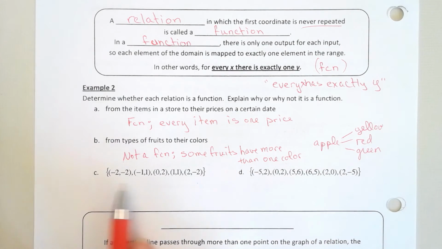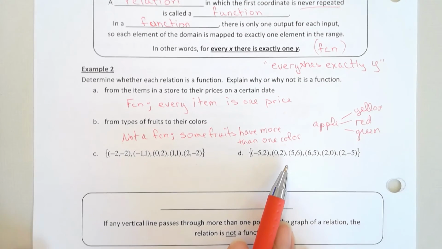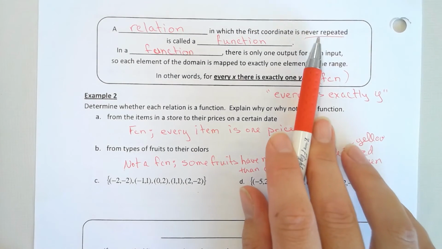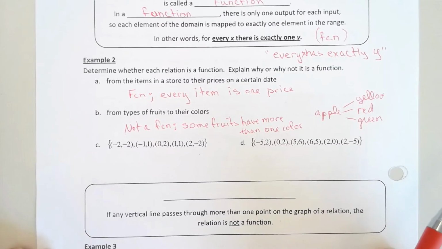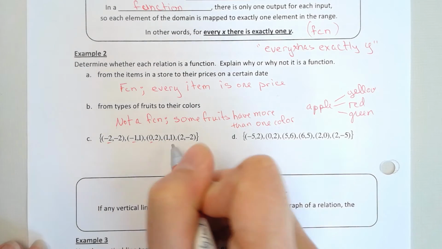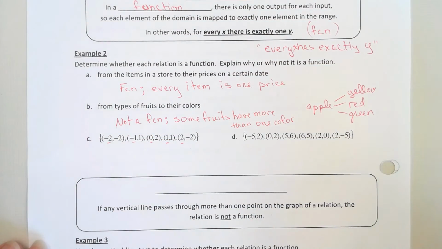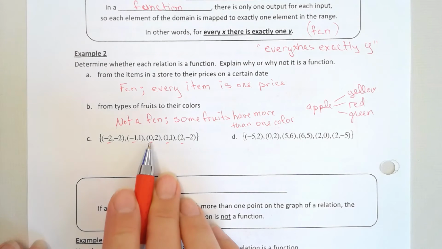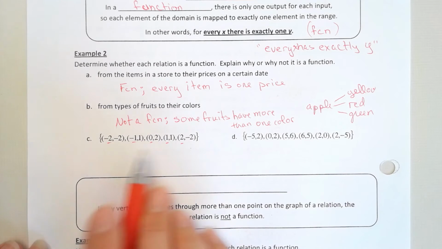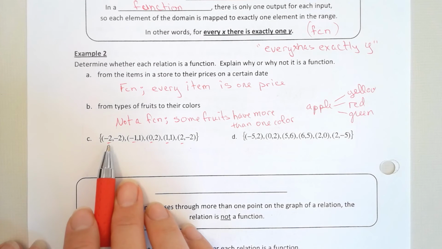All right, now we have these two more examples. They're both in roster notation. So the quick check is, is the x repeated? That's the quick check, but we have to dig a little deeper. So I've got -2, -1, 0, 1, and 2. Does the x repeat itself at all? Since it doesn't repeat itself, there's no chance that I'll get a second answer out for that same value.